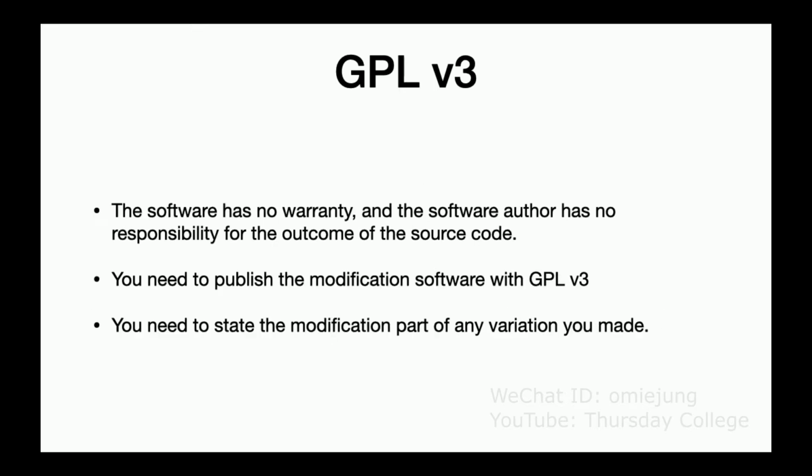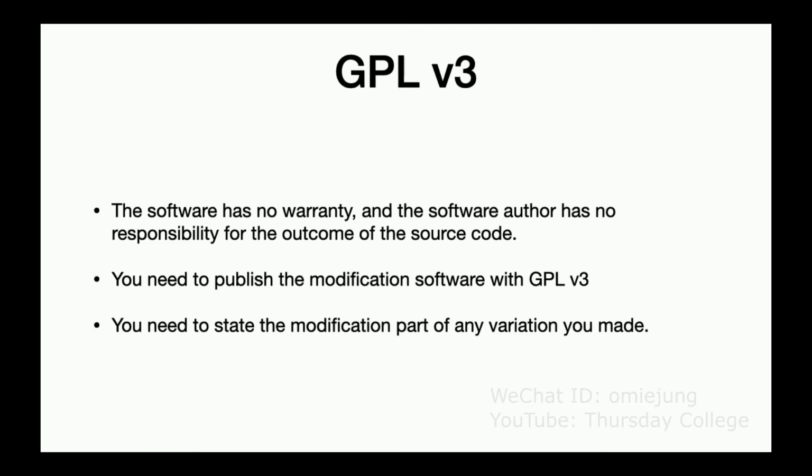And then later on, the software itself has no warranty, right? So for example, if you ask my software to do something like trading securities, and then if you lose the money, the software author will not have responsibility for it.